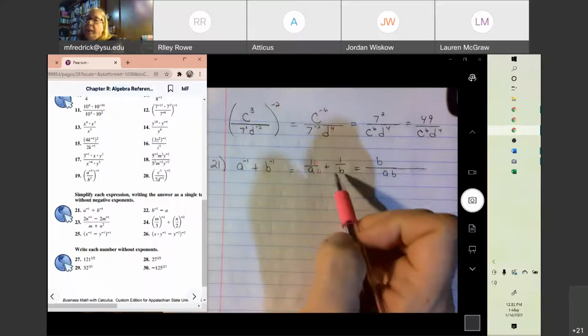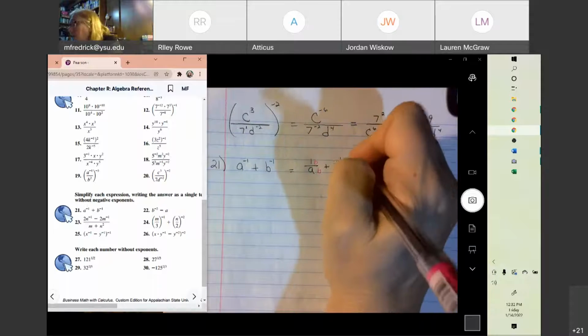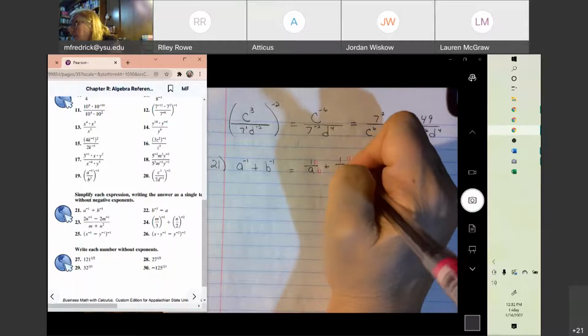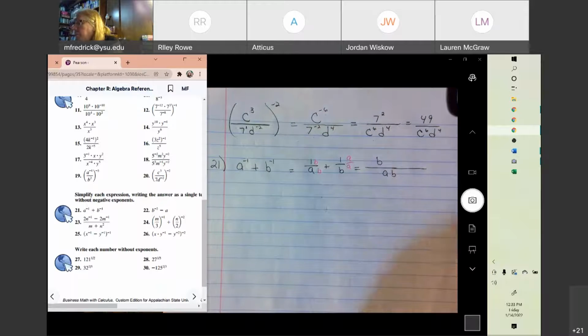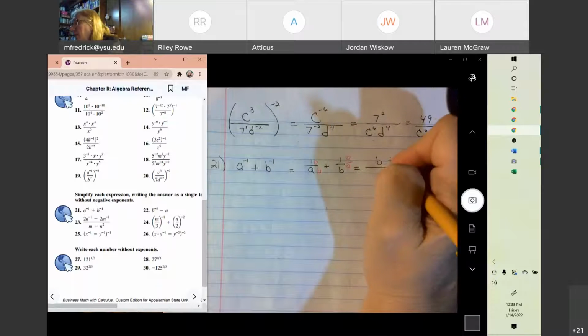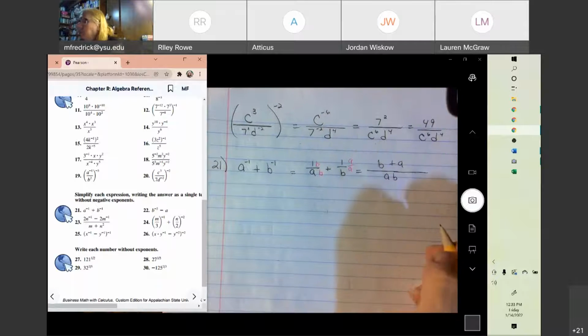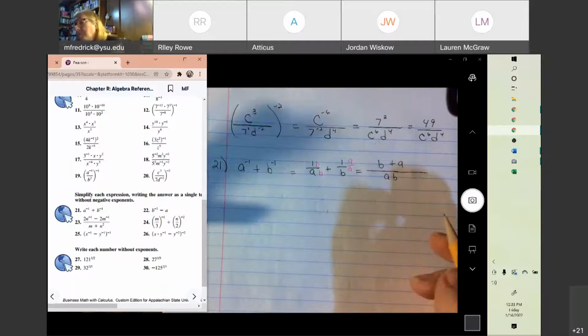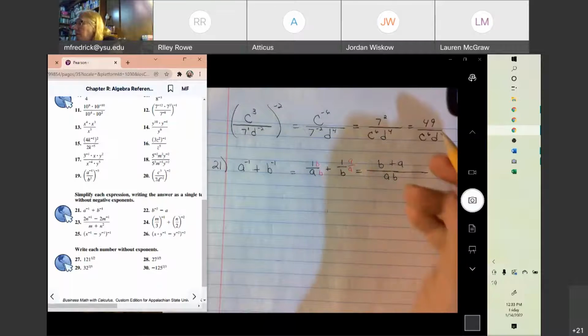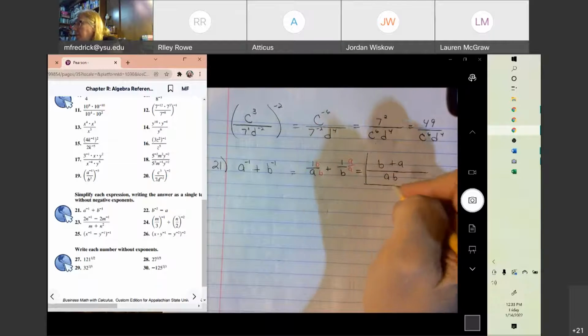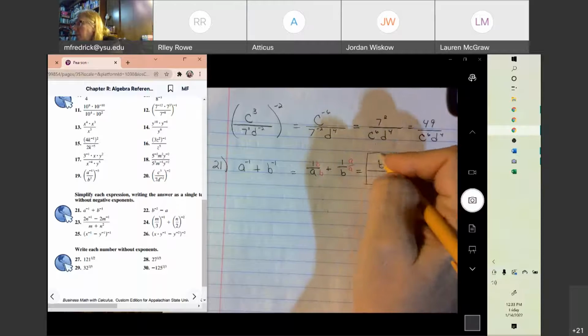The second one, we have the b, we need a, so we can multiply by a over a. 1 times a is a. And nothing will simplify. So our answer would be b plus a over ab.